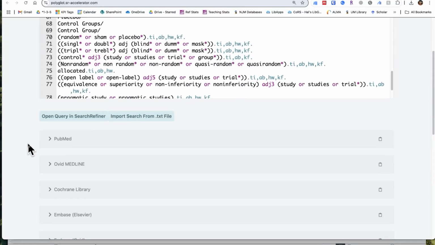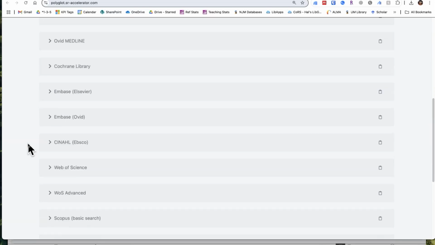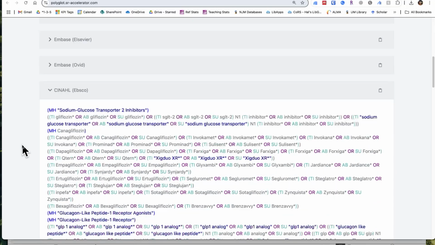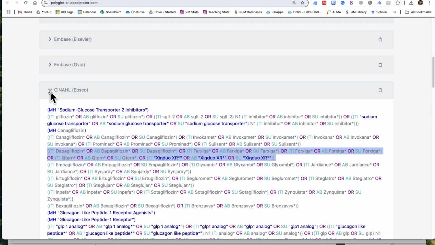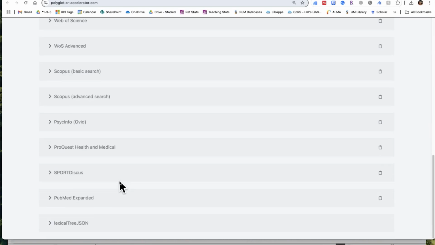Then if I need to put it into another database, say CINAHL, if I click this, it will translate the search for me. So I don't have to worry about that. And then I can just copy and paste parts in to streamline that process and make it a little bit easier. So you can explore which databases are here.